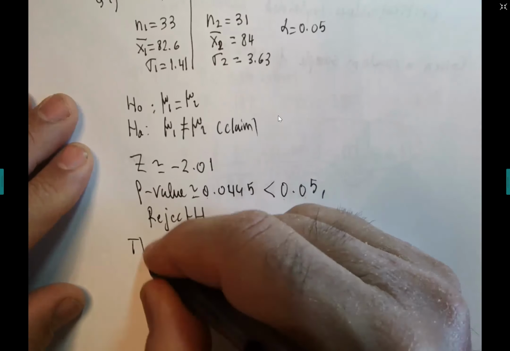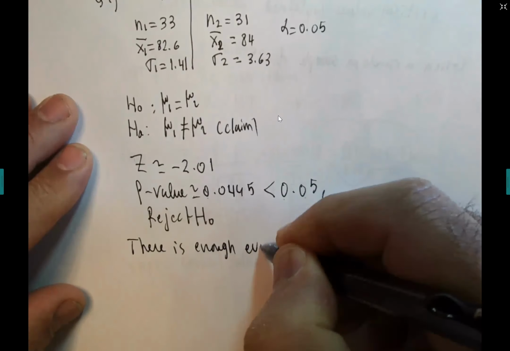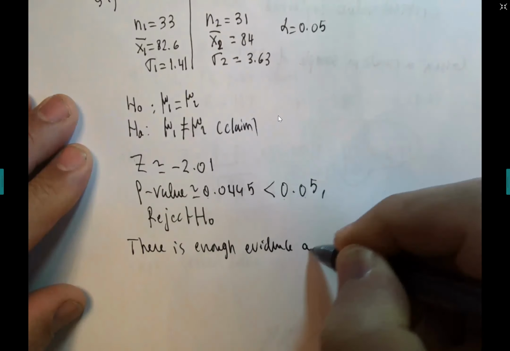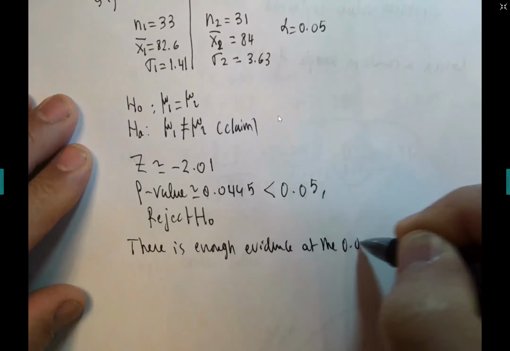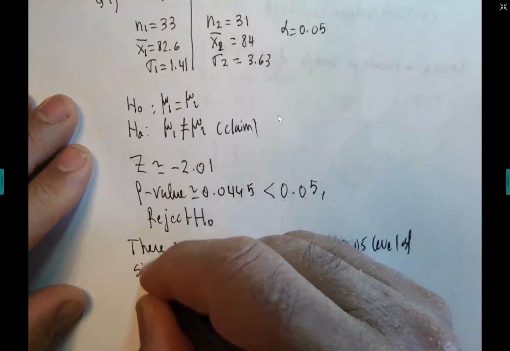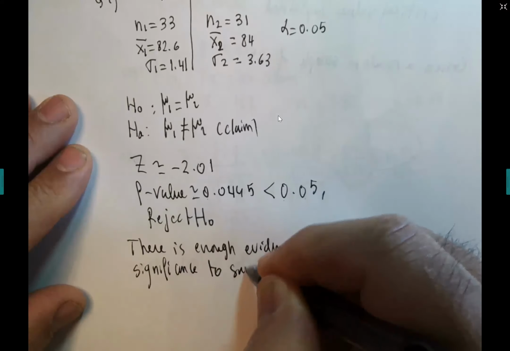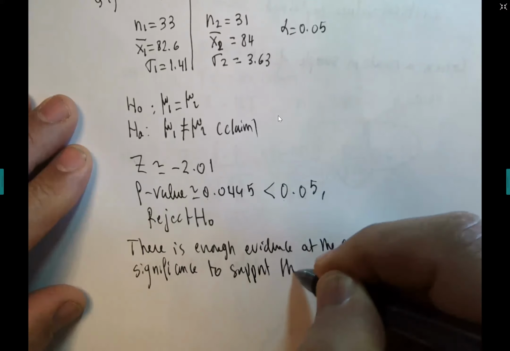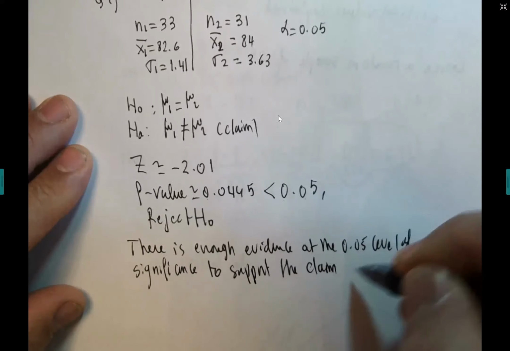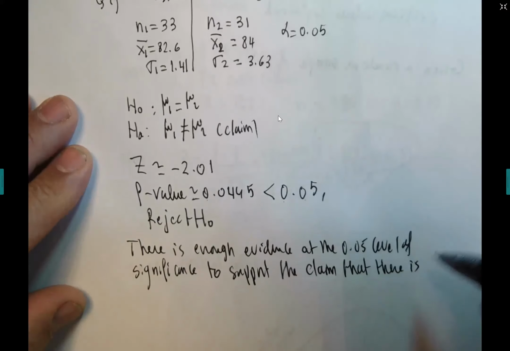There is enough evidence at the 0.05 level of significance to support the claim that there is a difference.